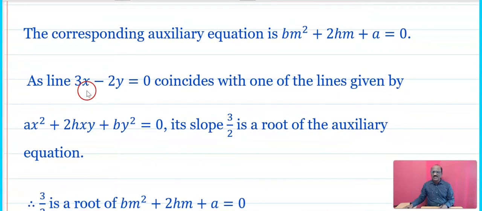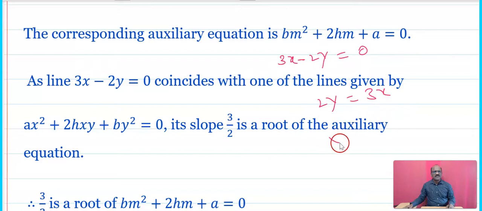As the line 3x minus 2y is equal to 0 coincides with one of the lines given by ax square plus 2hxy plus by square is equal to 0, what is the slope of this line? We have the line 3x minus 2y is equal to 0. Therefore 2y is equal to 3x, and hence y is equal to 3 by 2 x.